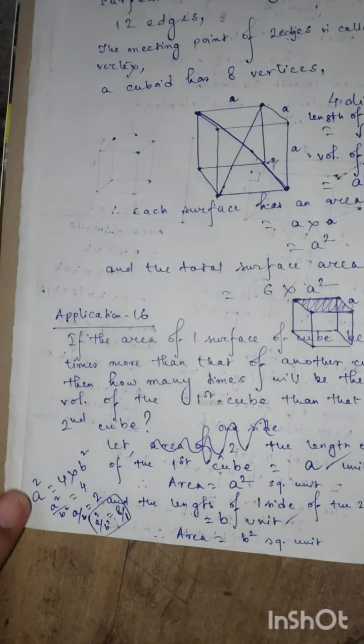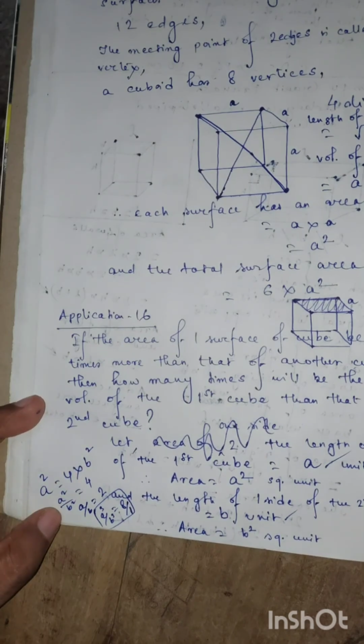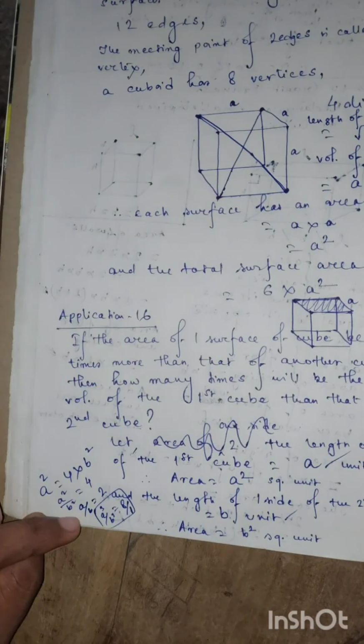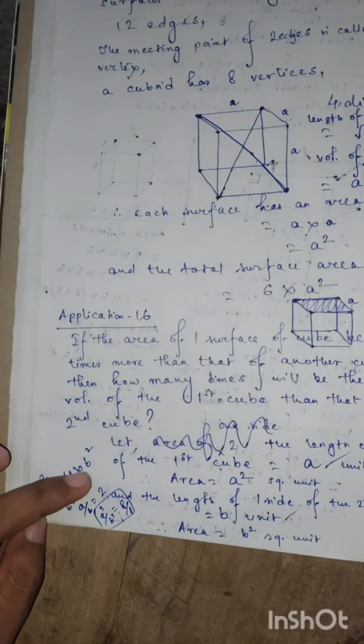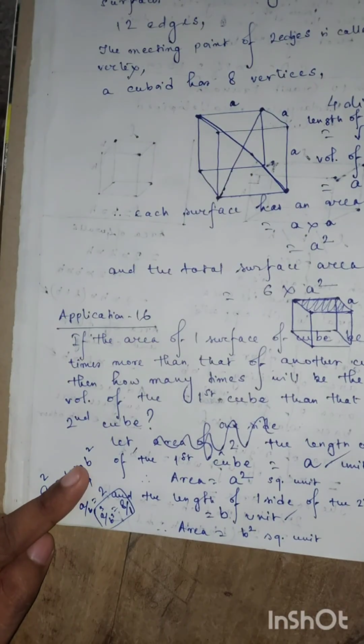I hope this part is visible to you. This is given. Now we are taking b square to the left side and taking square root to both sides of the equation. It gives us a by b equal to 2. Now if we cube both sides of this equation, we are getting a cube by b cube equal to 8 by 1.